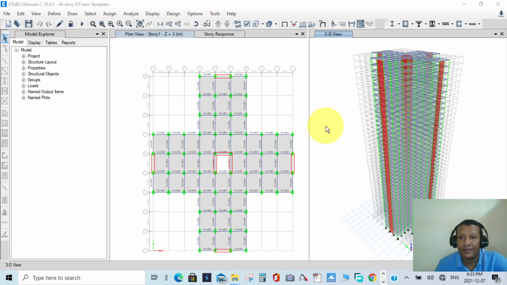Once we have A, the pseudo acceleration, we multiply it with W, then we find the base shear. A over g we call the base shear coefficient, used in many codes. In addition to that, we saw the UBC code-based response spectrum and IBC 2000, and the modal participation factor should be 90% and other things.